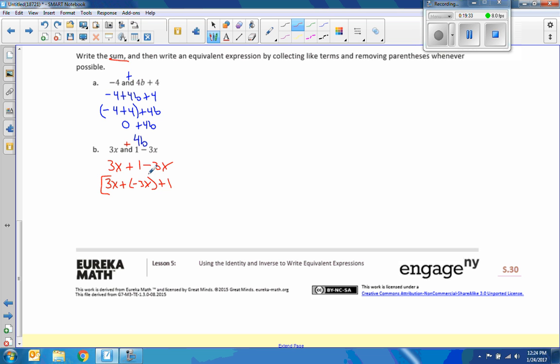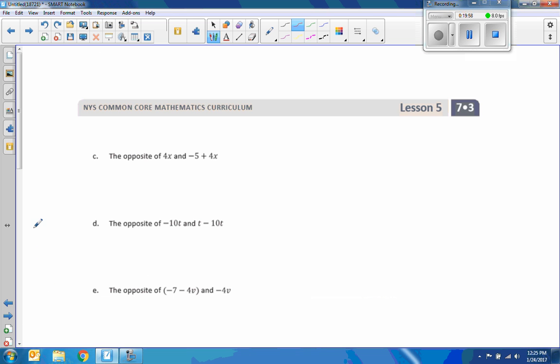I'm then going to do this portion here. 3x plus a negative 3x is 0. That's the additive inverse. Adding inverses gets you the identity. Then take the identity plus 1, which gives me that number back. That is the additive identity of 0. Okay?